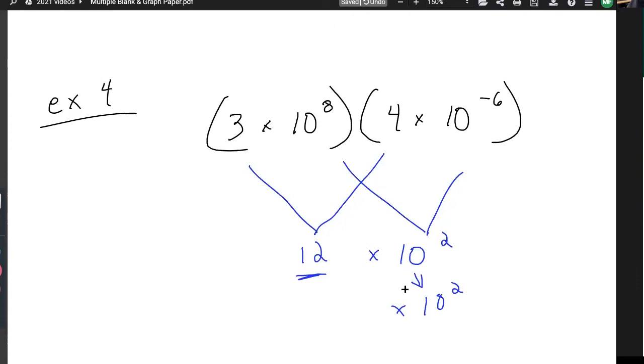I know it's kind of a pain, but how do you say 12 in scientific notation? Put the decimal after the first non-zero digit, so 1.2 times 10 to the, basically, you have to move it 1 to the right to equal that. So now you can combine those. So final answer, 1.2 times 10 to the third.